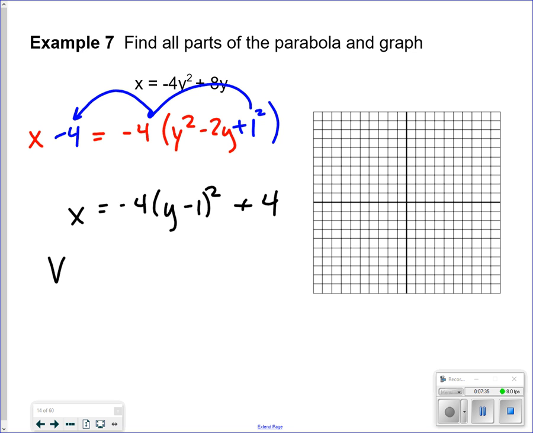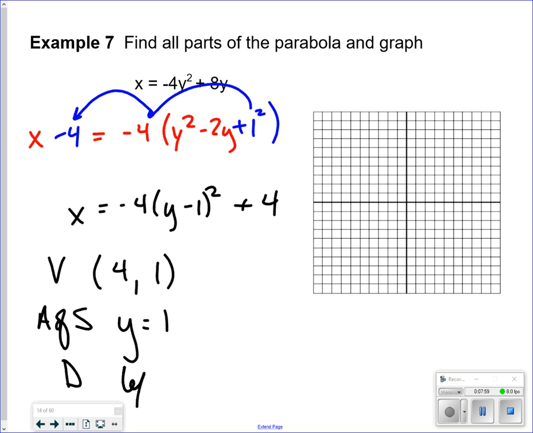3 questions that I should be able to answer just by looking at the equation: the vertex is 4 outside, or 4 for the x, 1 for the y. The axis of symmetry, I always like to look at it as the one being squared, or the one in the parentheses. So we're talking about a left and right parabola. So you've got an axis of symmetry that goes left and right, so y equals 1. And the direction actually this time is to the left because they have a negative a value.